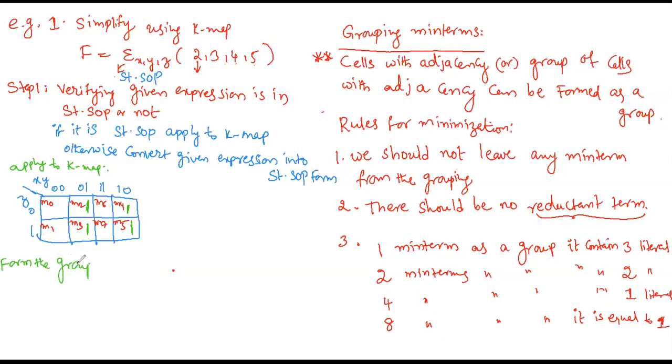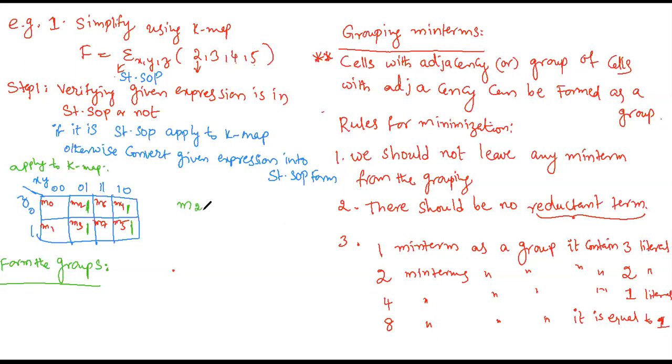Now, form the groups. And how do we group the minterms? For grouping the minterms, the cells should be adjacent. The cells should satisfy the property of adjacency. So here we have M2, M3, M4, M5. So you can have different combinations.